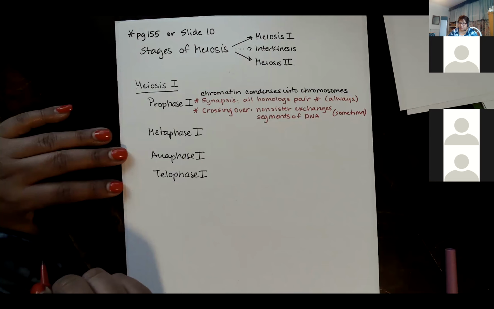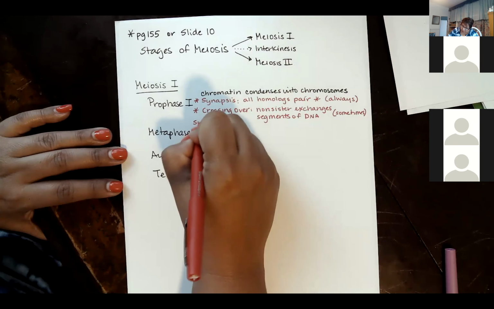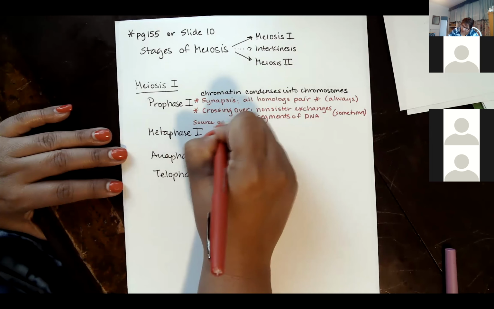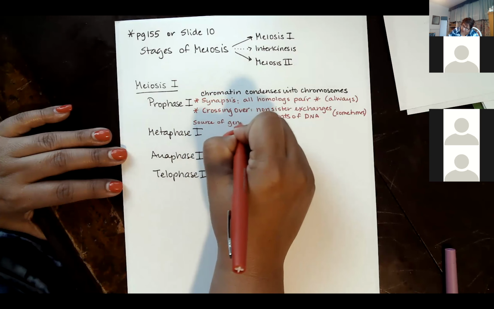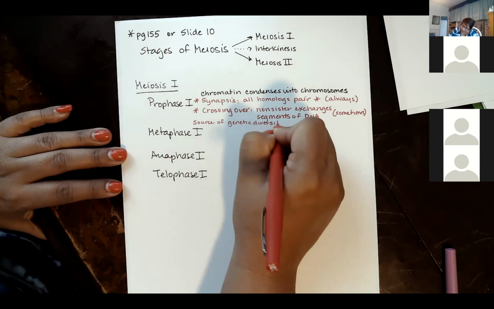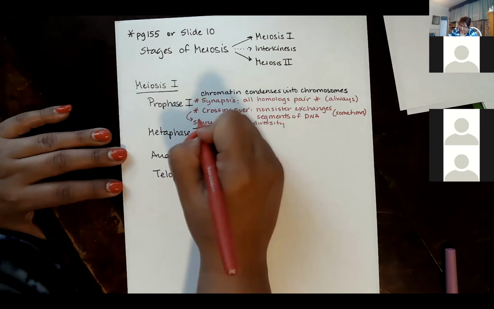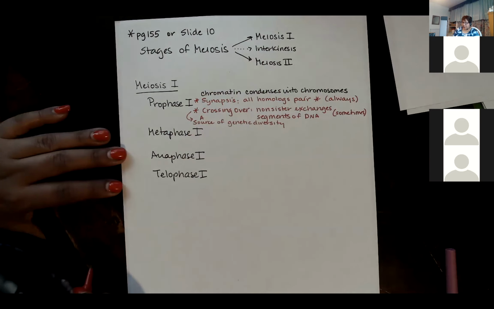Why these two events are so significant is they are the source, or at least one source, of what we call genetic diversity. This is one place that we mix up the DNA. It's not the only source, but it's one source of genetic diversity.